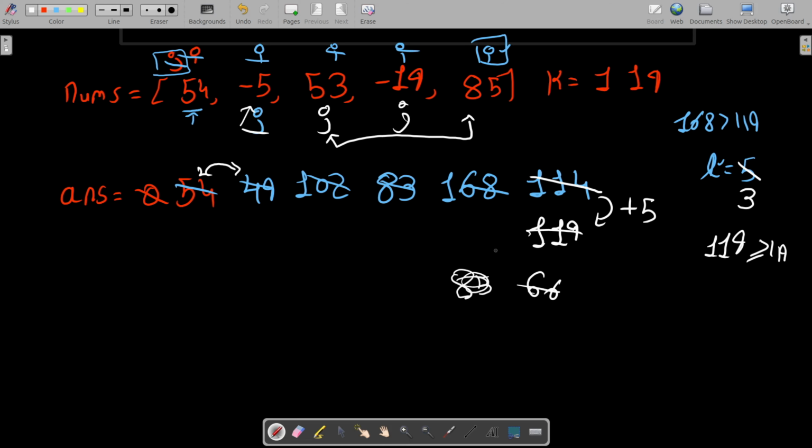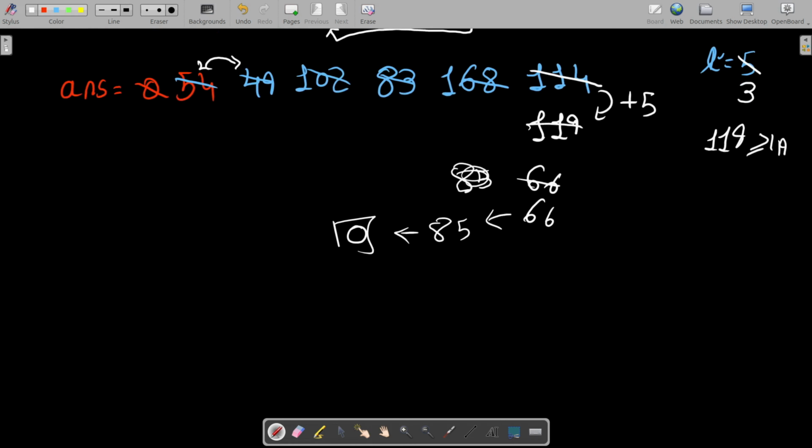We had 119, then we subtracted 53, so yes, we have 66. Then we are adding 19 to it, so 66 plus 19 we have 85. Then here j will be there, and we would subtract 85, then we would get 0, and both will go out of bound, right?